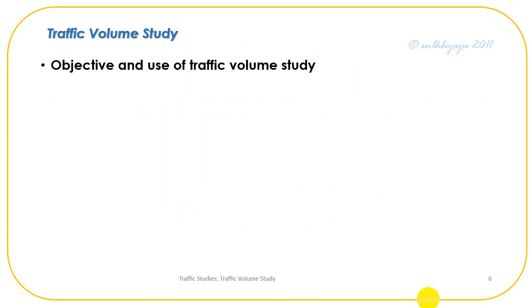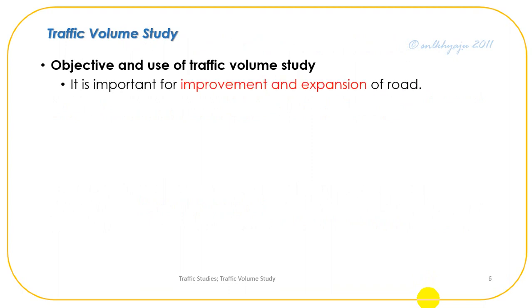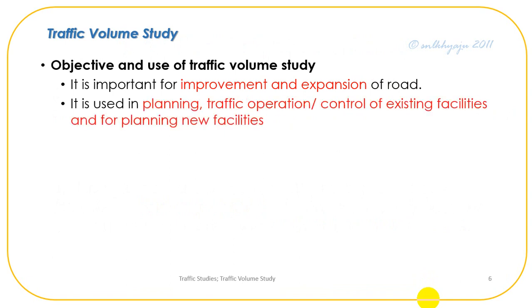Objectives and use of traffic volume studies are: it is important for improvement and extension of road. It is used in planning traffic operation, control of existing facilities, and for planning new facilities.